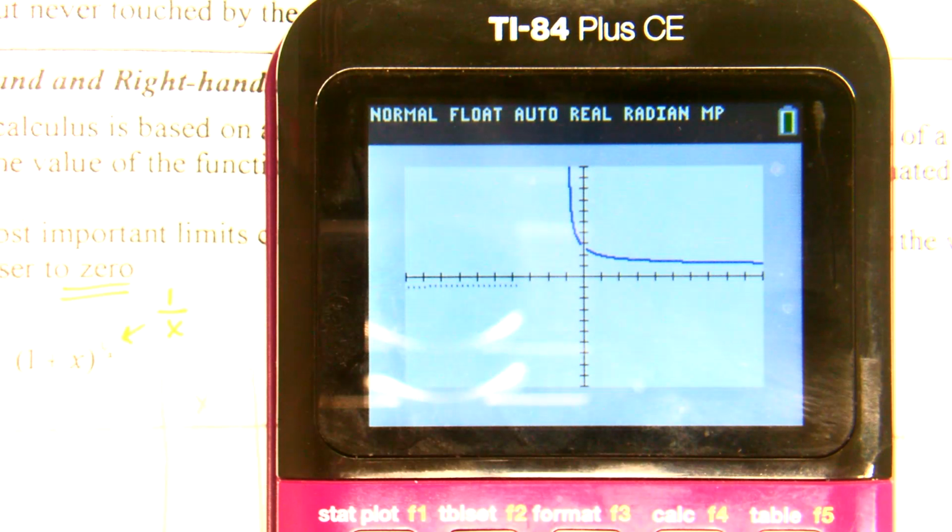I got it. You can't do a fraction bar, can you? So you have to put in parentheses. You want to do 1 plus x raised to the power of 1 divided by x, in parentheses, if you can't do the fraction bar. I bet that's going to solve your problem.